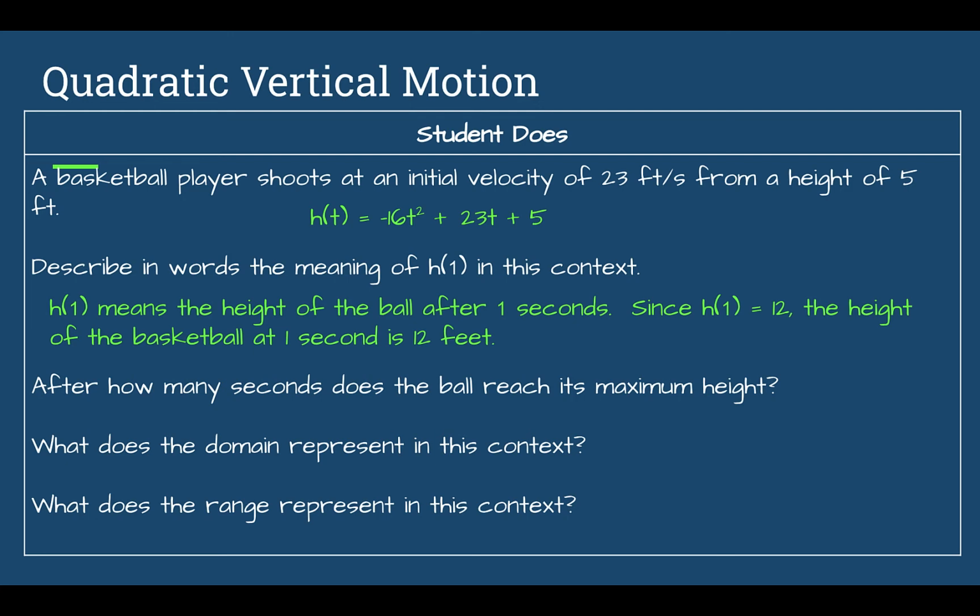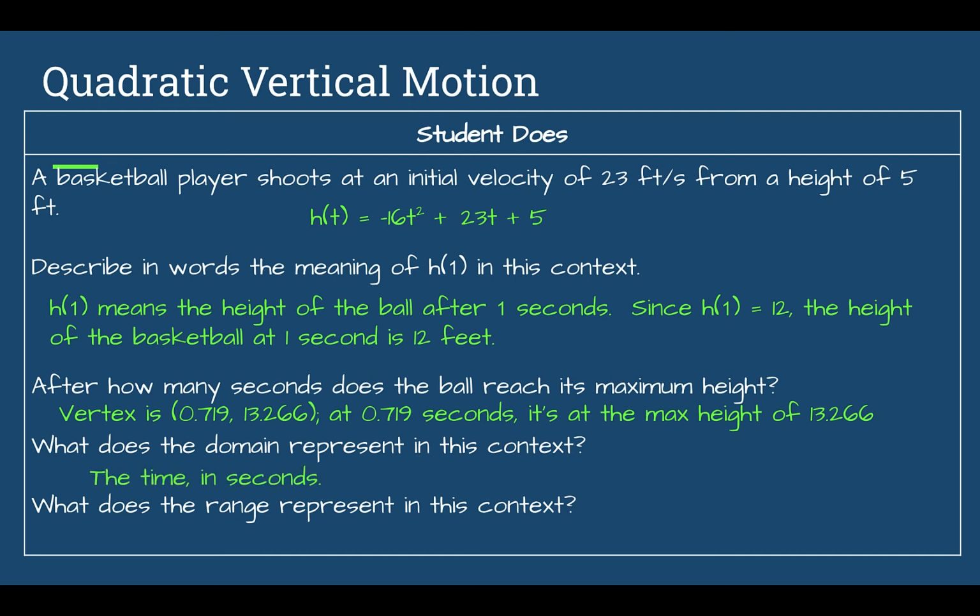So it must be still in the air. How many seconds does it reach its maximum height? You should have found 0.719 seconds. That's when it's at the maximum height of 13.266. For the domain and range, domain again is time in seconds, and the range is the height of the basketball.